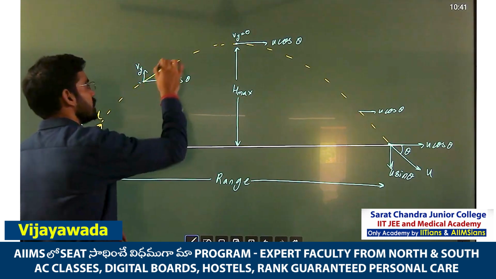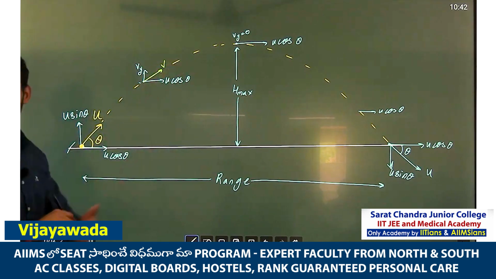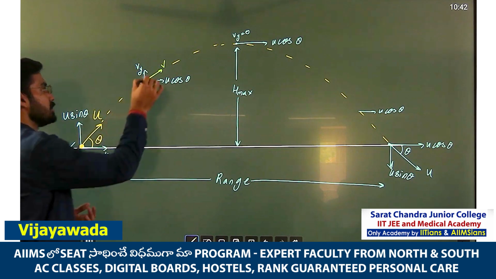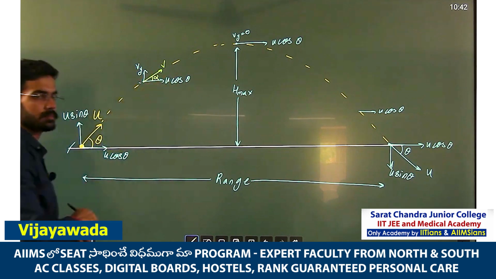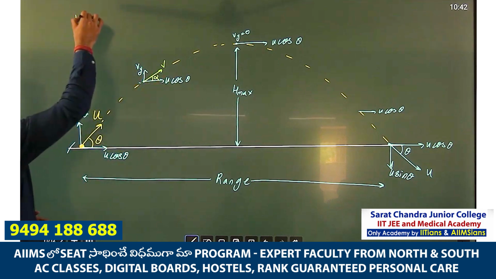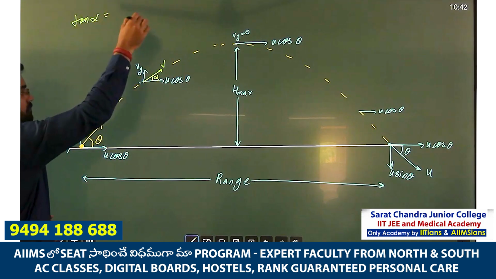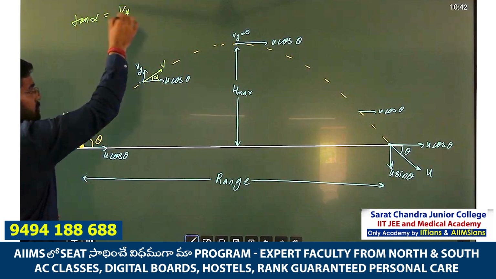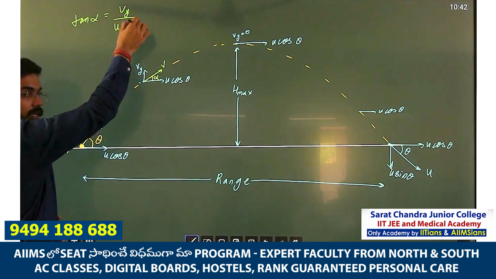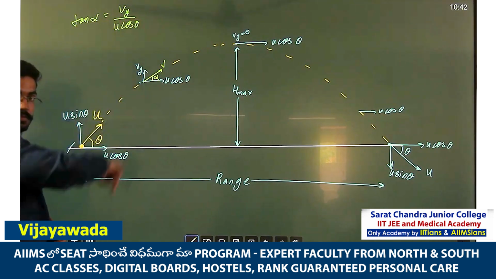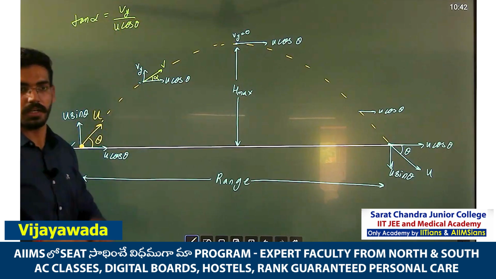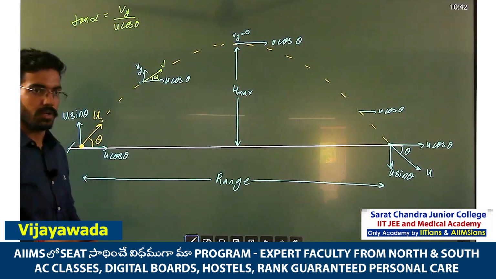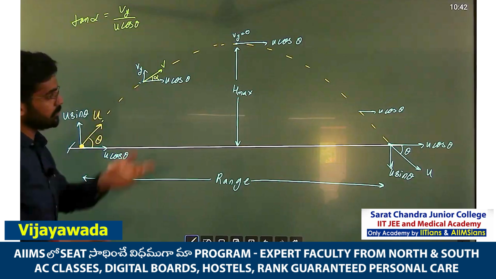So net velocity is what? That same we find out, right? At any point of time, he can ask you here alpha. What is alpha? Can we tell tan alpha is how much? Agree? Right? Okay. Sometimes he will give you the alpha at any point of time. So like this it can also be written.